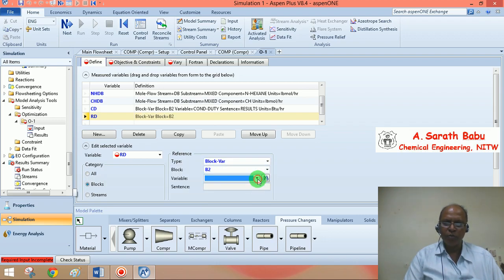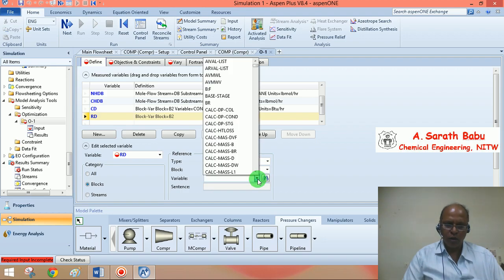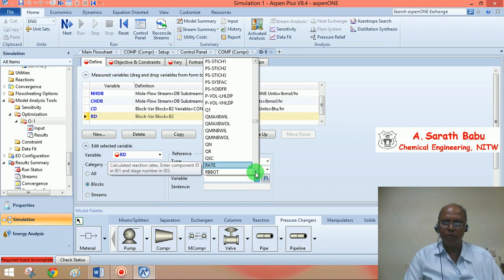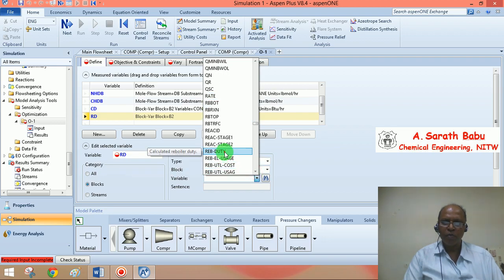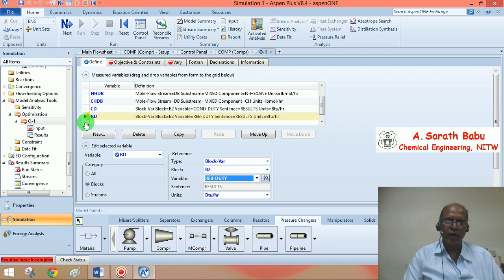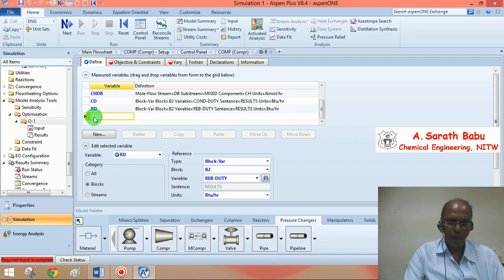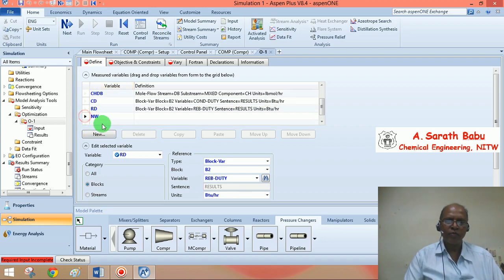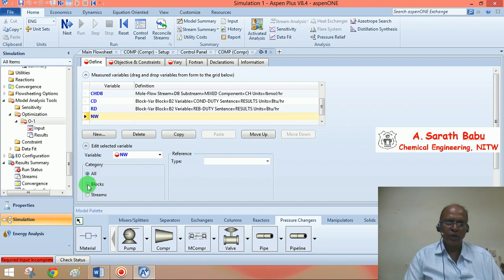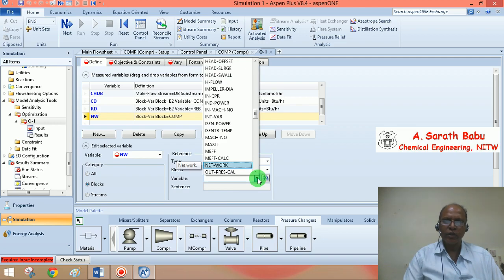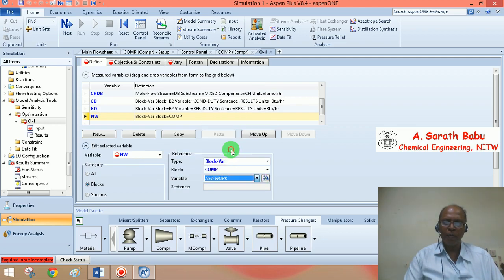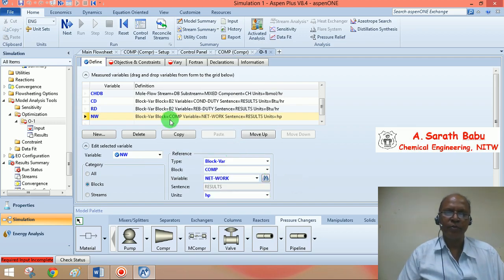Block is B2. Reboiler duty. And finally, network. This is also a block variable. Compressor. Variable is network in HP, right?